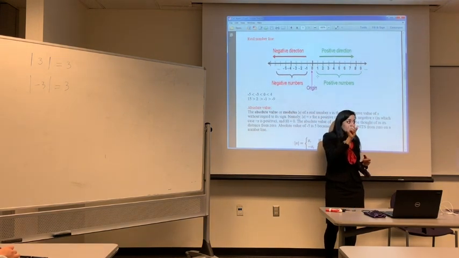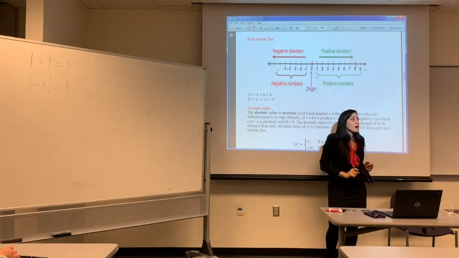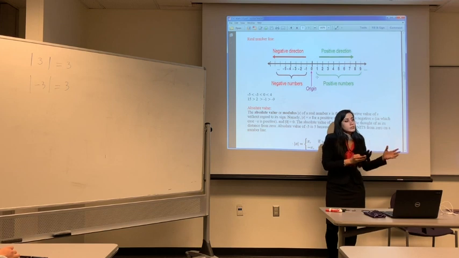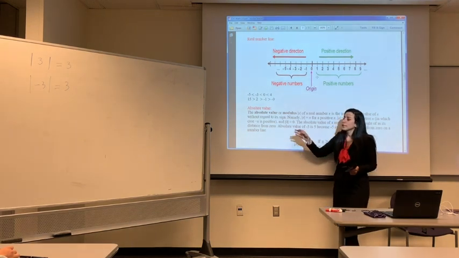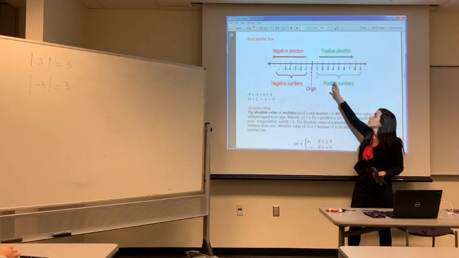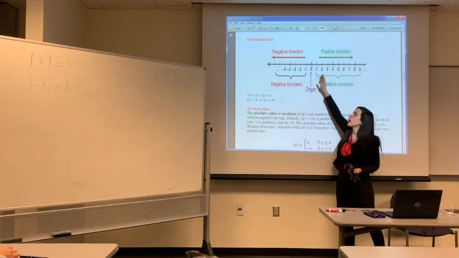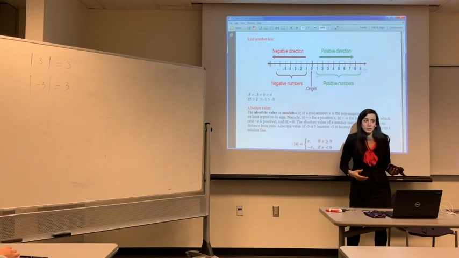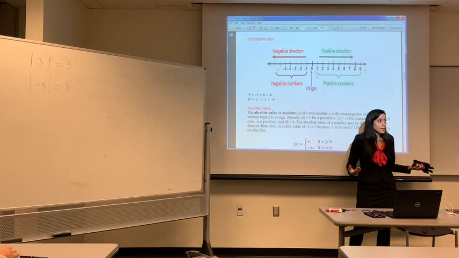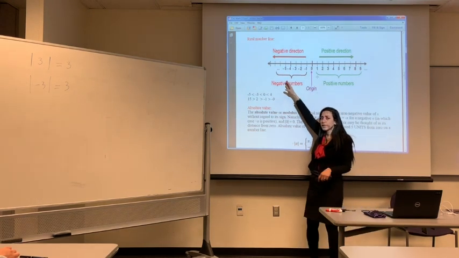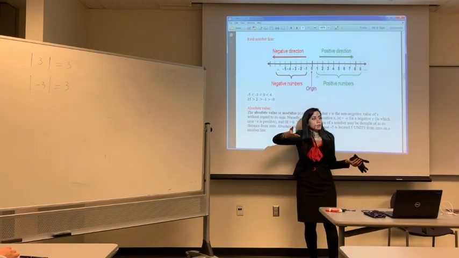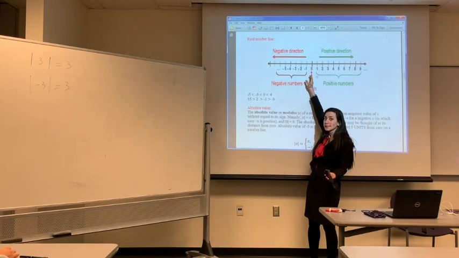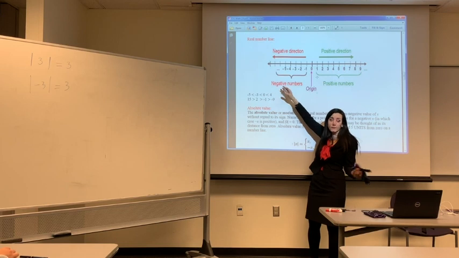And this 3 is the value of the absolute value of -3. So, distance from 0 to that number. Now let's say absolute value of 3, correct? 3 is on this side. So I'm counting from 0. 1, 2, 3. So absolute value of 3 is 3, correct? Absolute value of -5. What is that? 5. Absolute value of -5 is 5, correct? So now I want to count. I said distance from 0 to that specific number, -5.